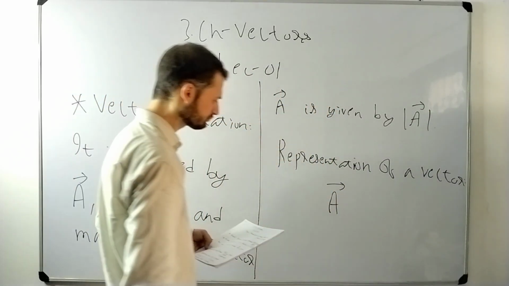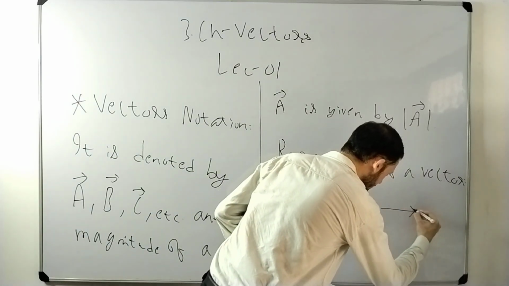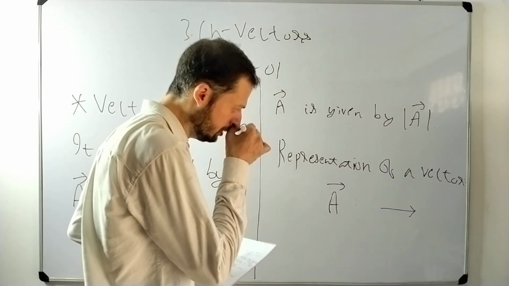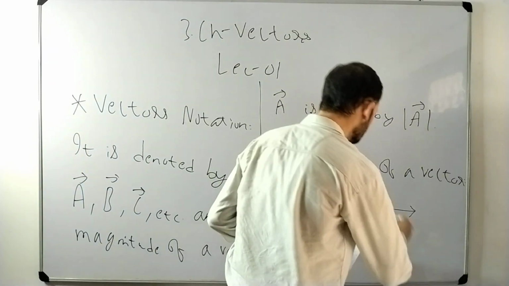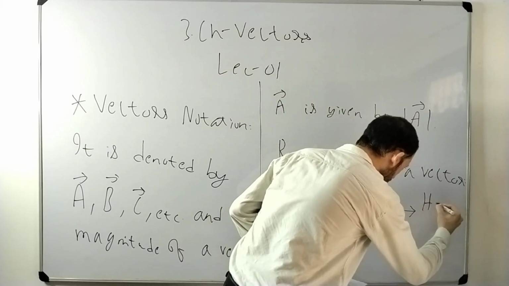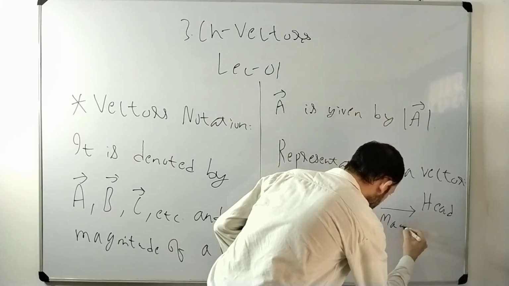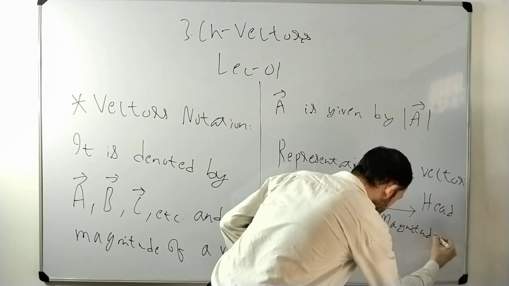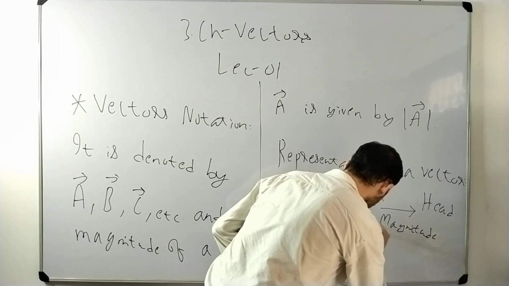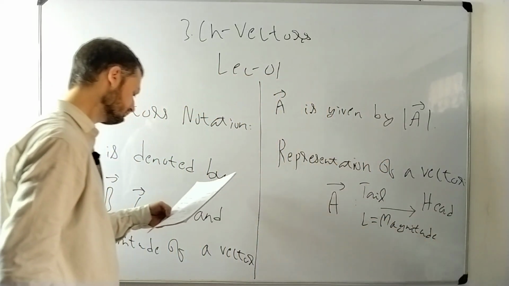Or simply I would write an arrow over a quantity, and it will denote a vector. Here, this is the tail, this is the head of the vector, and the whole length is the magnitude. I would write length L is equal to magnitude.